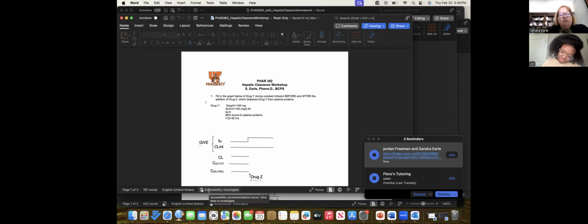So Fe equals 0 tells you that it's hepatically cleared. It's cleared by the liver because all the drug is changed into something new. Considering we're doing hepatic clearance, that probably makes sense, right? Yes. Okay.